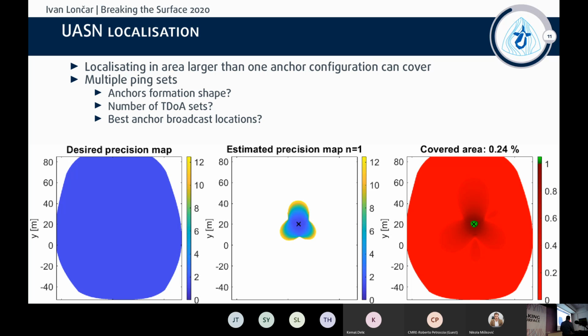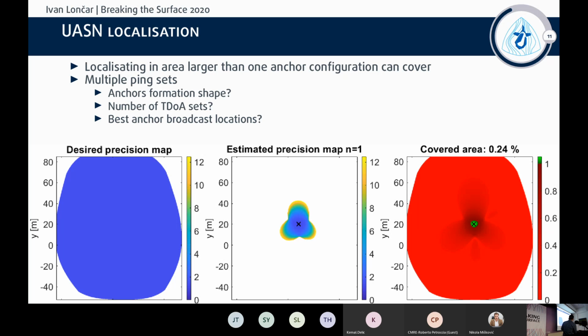And this is an example. In the left figure, we can see an area of interest. This is the area where our underwater agents are placed into the water, but we don't know their exact position. And if we do a ping set at this location, we will localize only this area with enough precision.